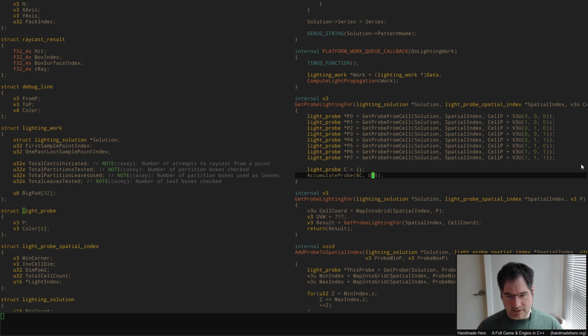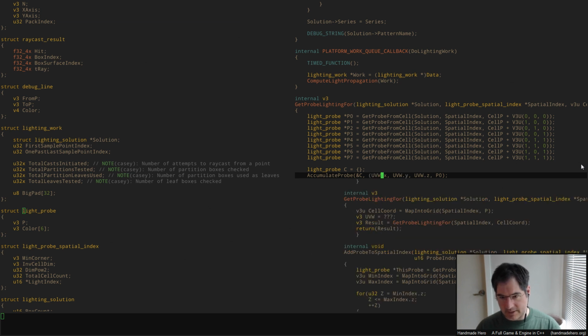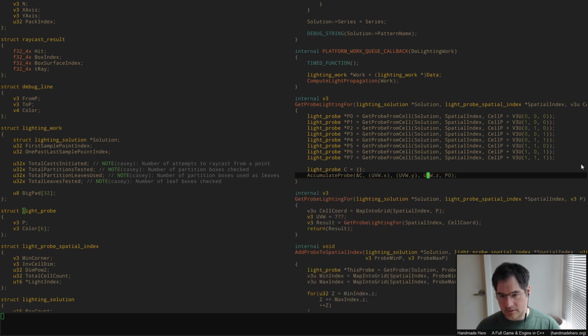And I want to have some way of talking about the weights that I want to use to sum it, right? And so the thing that we're going to get here is we've got 3 weights, and each weight should affect each of the corners differently.